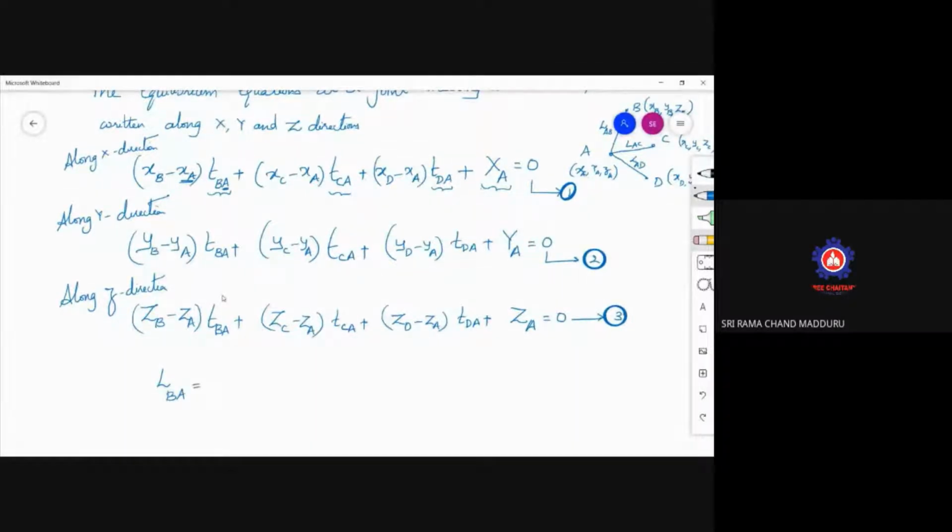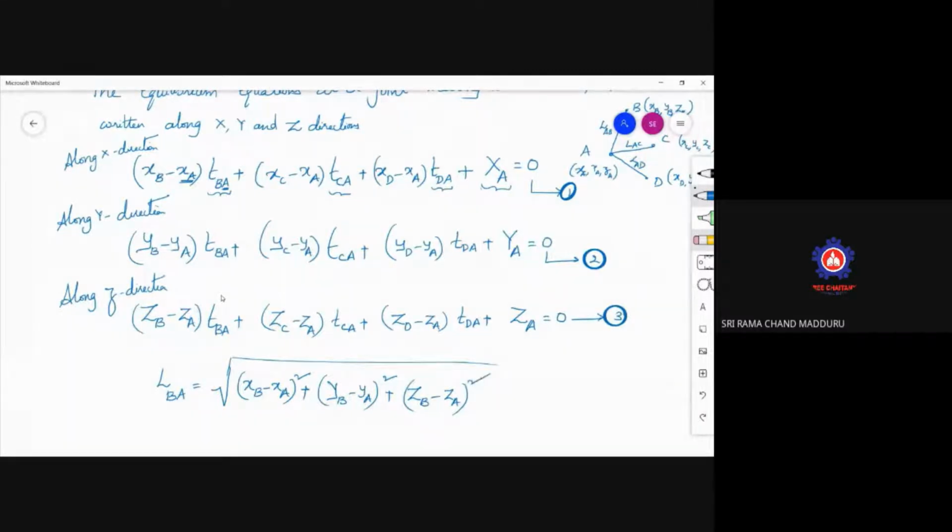Length of the member is nothing but, I will simply apply our mathematical principles. XB minus XA whole square plus YB minus YA whole square plus ZB minus ZA whole square.